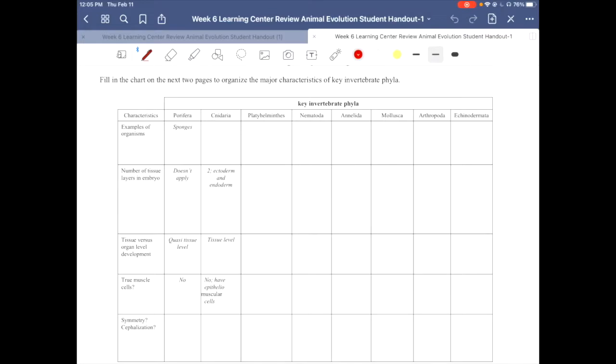Yes, great answer, jellyfish. So jellyfish is an example. Corals also fall under this phylum, and also hydra.